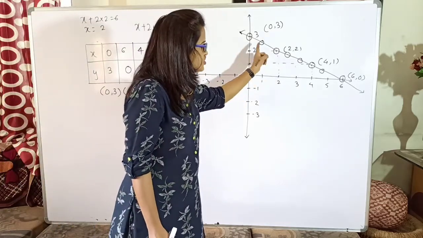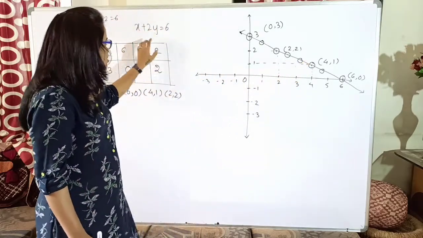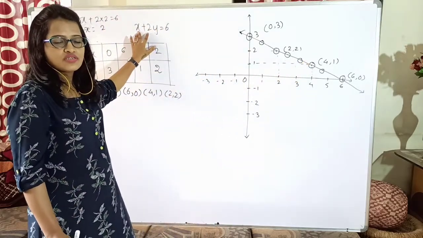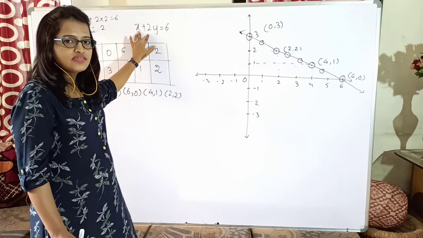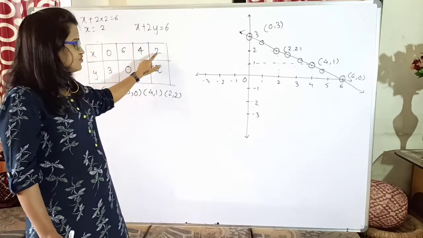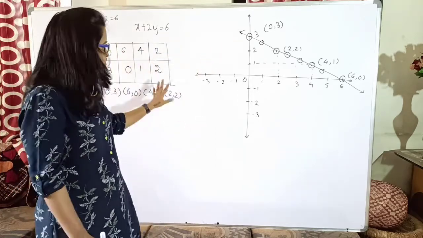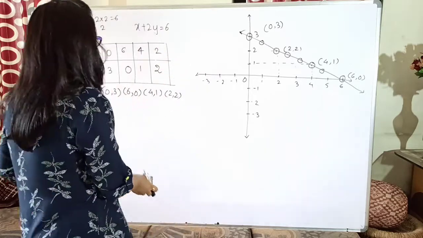All the points which are lying on this line are the solutions for this given equation. And similarly, all the points which we have found as solutions will definitely lie on that line, even though I have not found any other point.